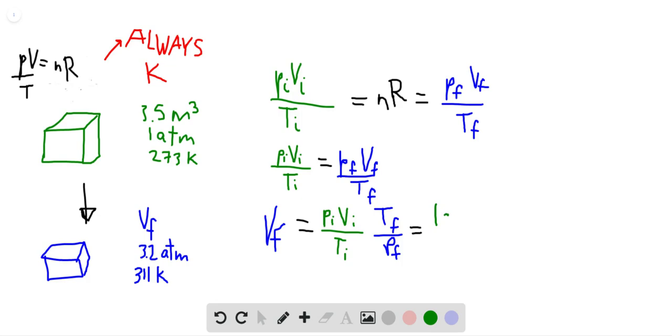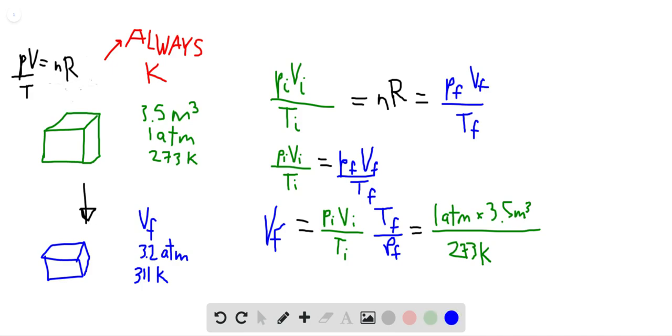We have 1 atm for initial pressure, we have 3.5 meters cubed for the initial volume, and we have 273 Kelvin for the initial temperature.